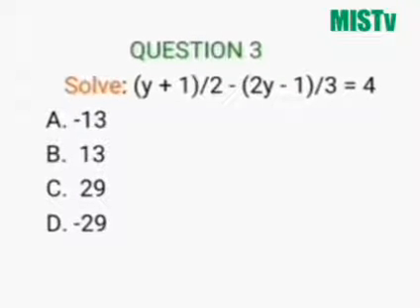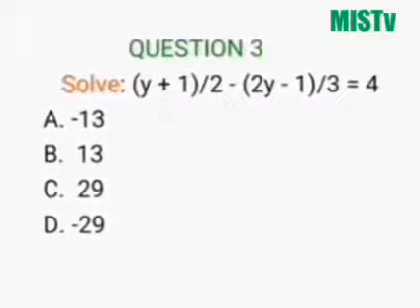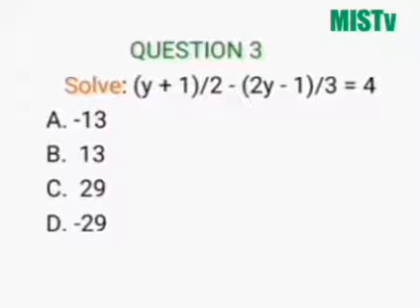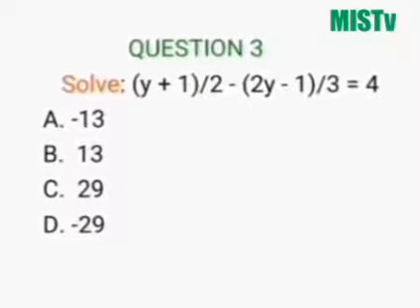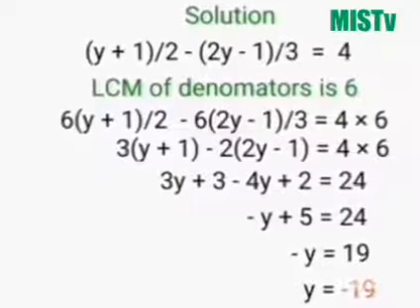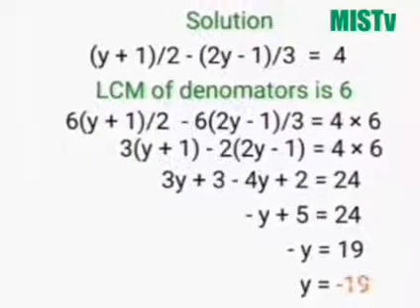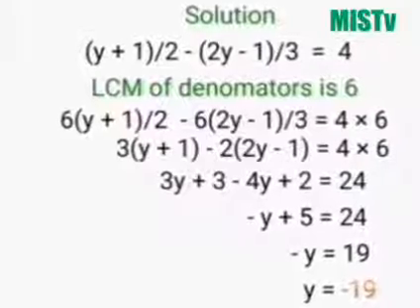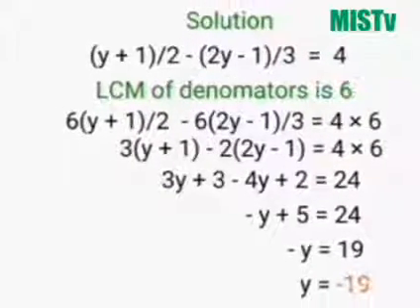Example 3. Solve y plus 1 in bracket all over 2 minus 2y minus 1 in bracket all over 3 equals 4. Solution. Step 1. Find the LCM of the denominators. The LCM of the denominators 2 and 3 is 6.